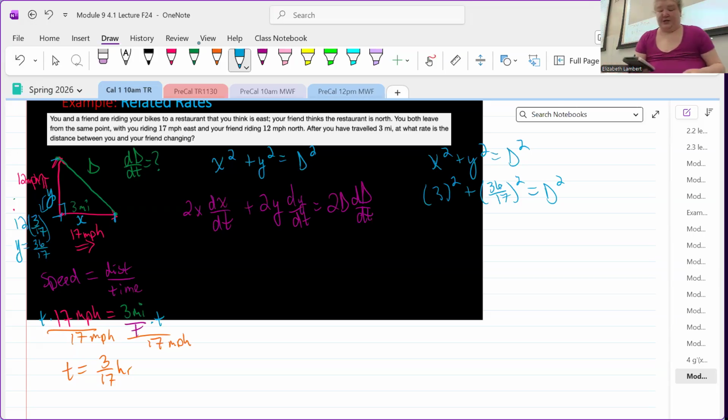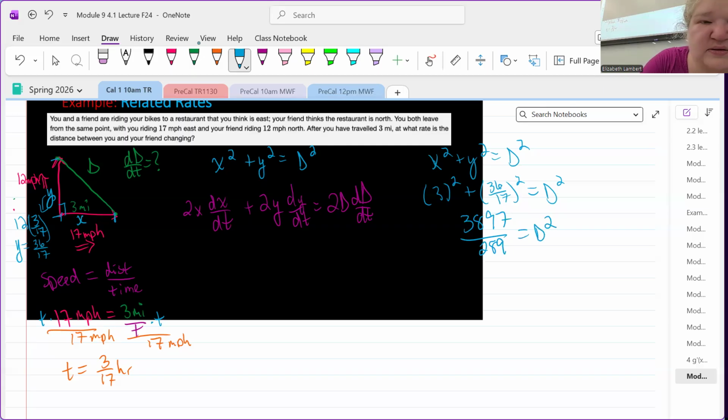Yay, calculator that does fractions. So 3 squared plus, open parentheses, 36/17, close parentheses squared. Whoa. 3897/289. And then we square root.